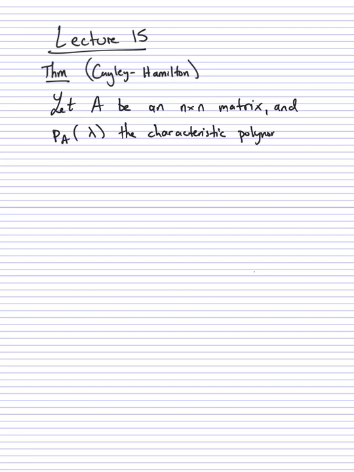Okay, so this was P_A of lambda is the determinant of A minus lambda I. It's known that this is a polynomial in lambda, so it looks like lambda to the n, and it happens to be monic, so a_{n-1} lambda to the n minus 1, all the way to a_0. Then, so the statement, that's just an aside, the statement is that P_A of A is equal to 0.